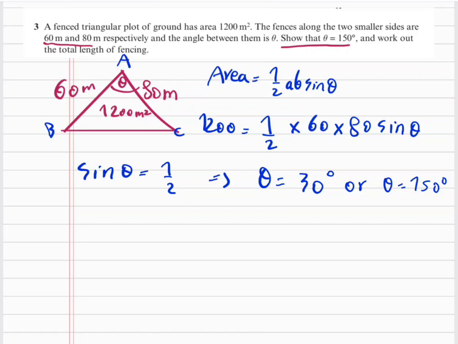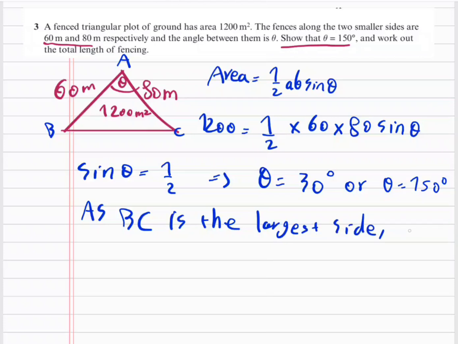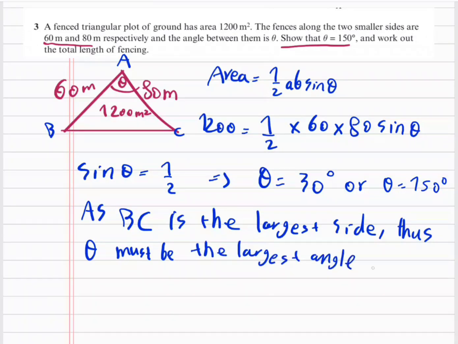So that's basically the logic that we can simply say that as BC is the largest side, thus theta must be the largest angle. So therefore theta is equal to 150 degrees.